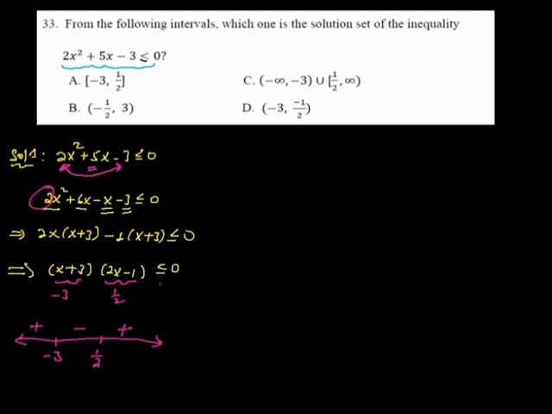Now the question is less than or equals to 0 ማለት ወይ 0 ወይ negative ማለት ነው። So it will be between minus 3 and 1 over 2. Therefore the solution set for this quadratic inequality is between minus 3 and 1 over 2 እንላለን። So our answer will be A.